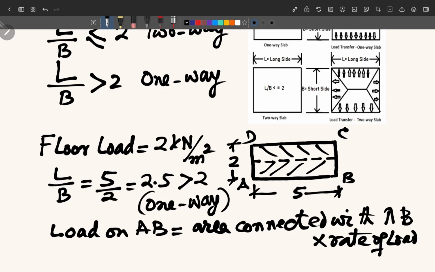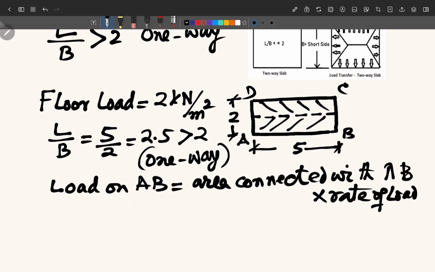So here we have the area which is connected with AB. It is a rectangle, and for that we have 1 meter as the width. So 1 into 5 is the area, and the rate of loading on this floor area or slab area is 2 kilonewton per meter square.